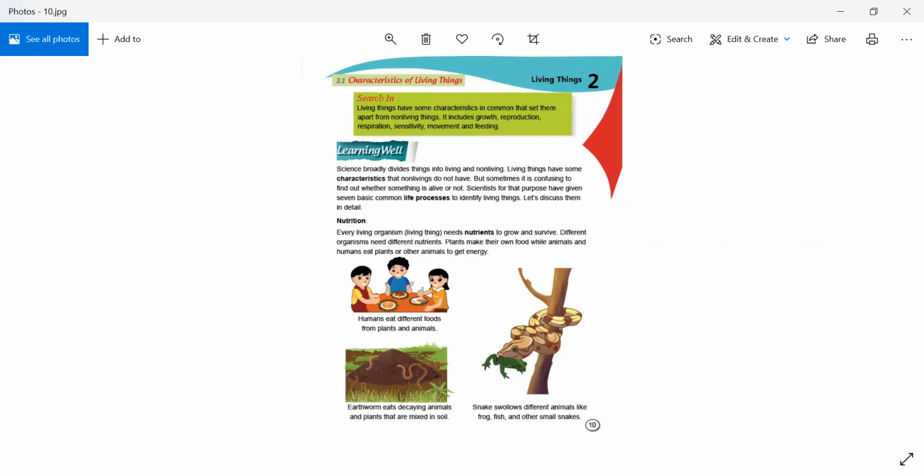Their nutrients are now mixed in the soil. Snake swallows different animals like frog, fish, and other small snakes. Snake swallows, it means snake eats different animals like frog, fish, and other small snakes.